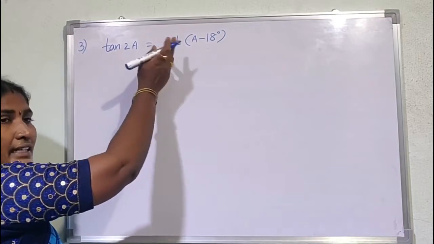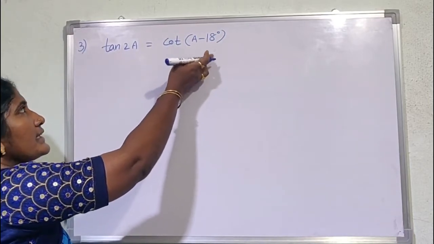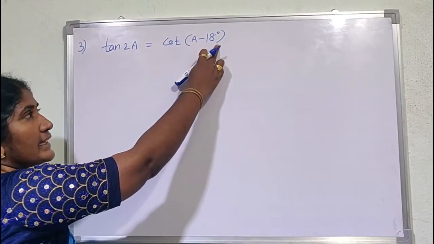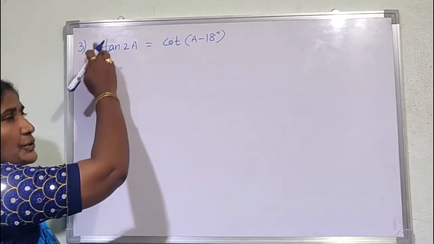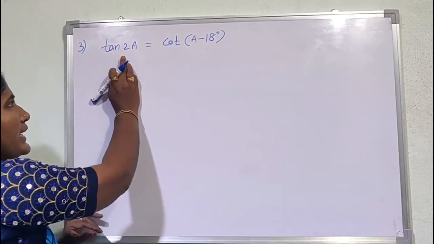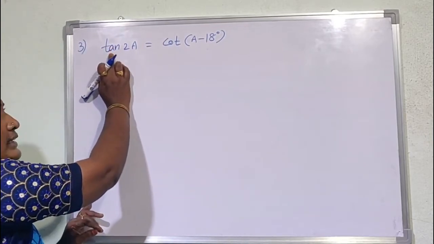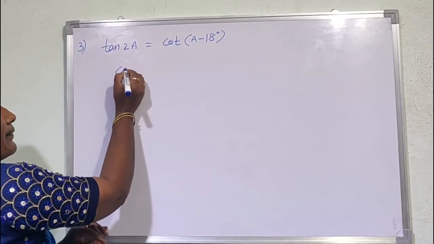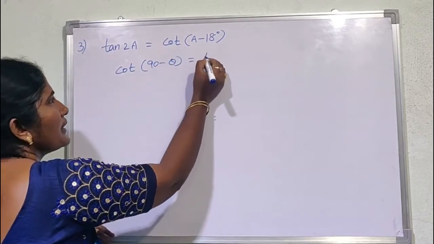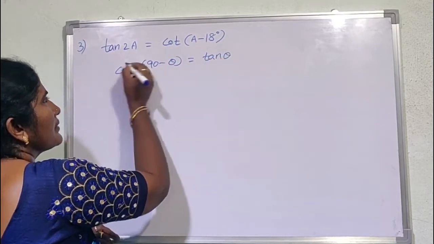Tan 90 minus theta is cot theta. Cot 90 minus theta is tan theta. Here already cot a minus 18 is there. Now I want to change tan into cot. How can you change tan into cot? Cot 90 minus theta is equal to tan theta.